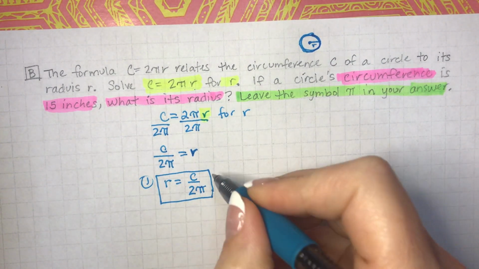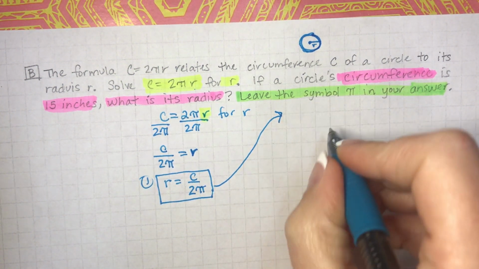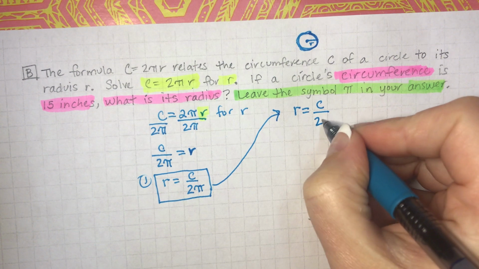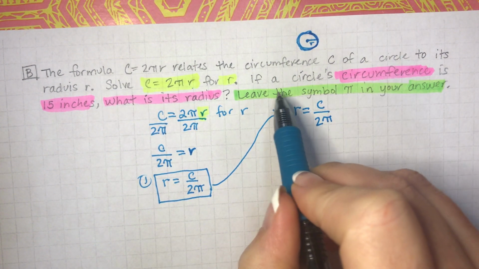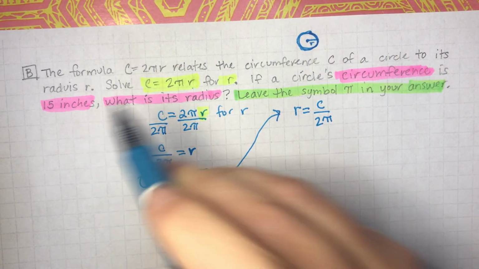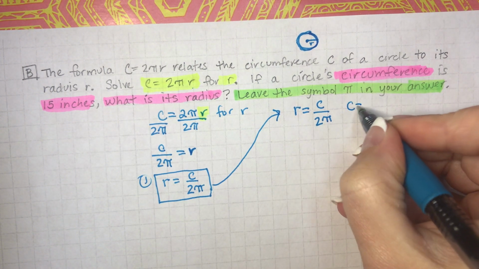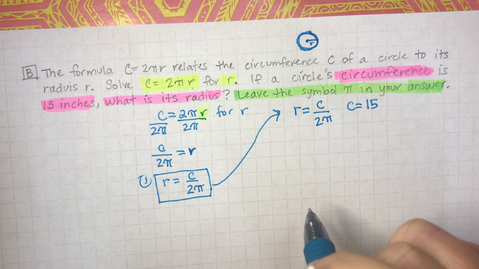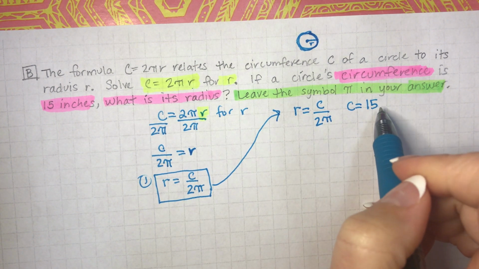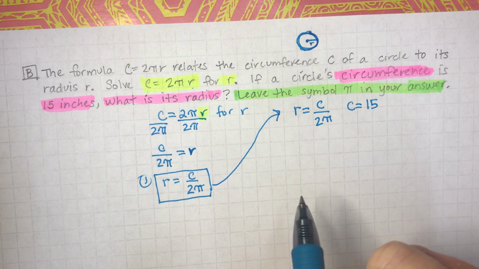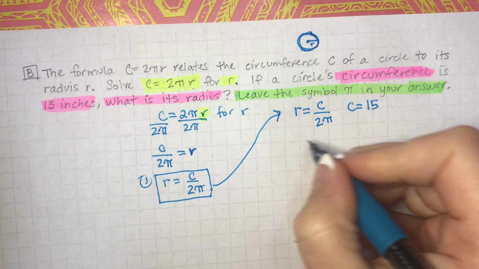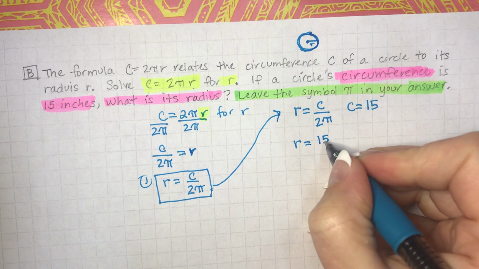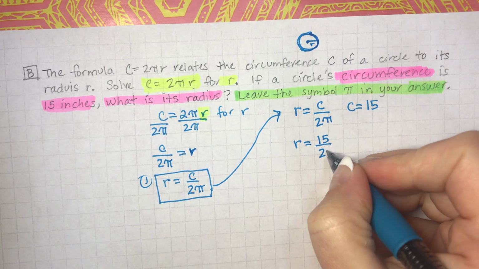And then for the second part, they want us to use this formula, r equals C over 2 pi. It says if a circle's circumference is 15 inches, so that means C equals 15, what is the radius? So we're just going to substitute 15 in there, and we get r equals 15 over 2 pi.